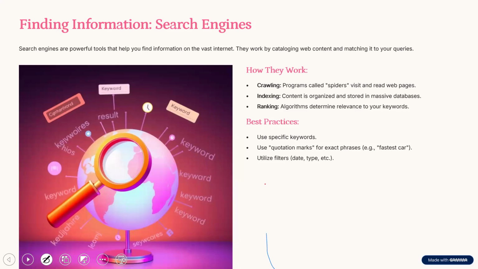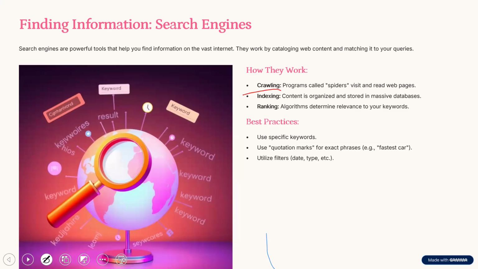So how do they usually work? There's what we call crawling. Crawlers are programs, like spiders, that visit each web page. If you have a website, or you've hosted a website, there are crawlers that go around the website and get a lot of information that is hosted on that particular website. Then you have indexing.